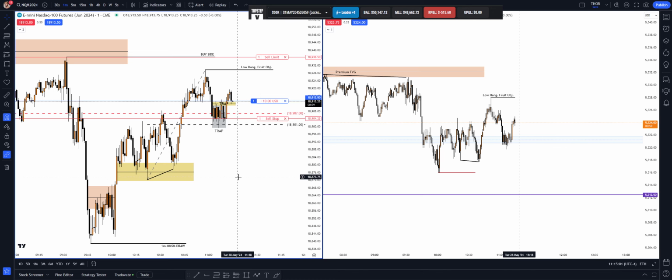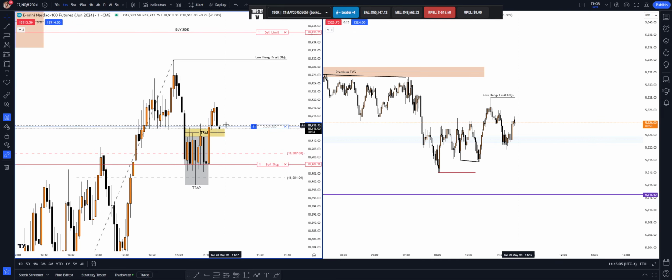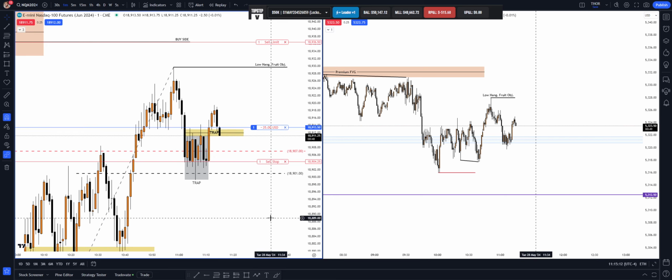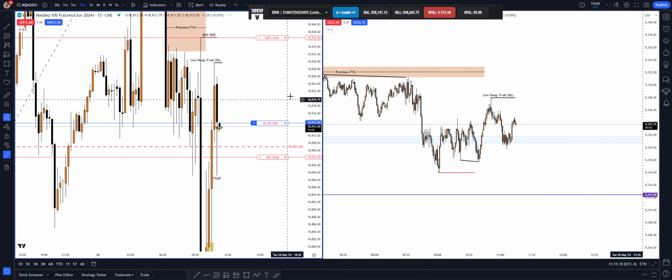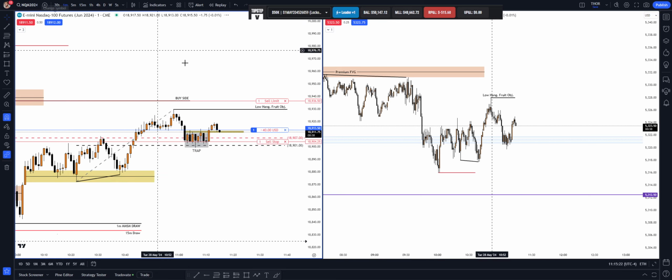I really don't want to see this violating the trap here. I would rather have it staying inside or above it. Let's see how that goes, because I don't want to see another manipulation on the 15 minute or something like that.